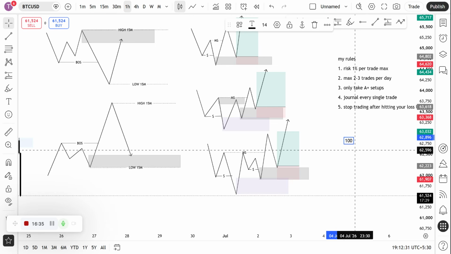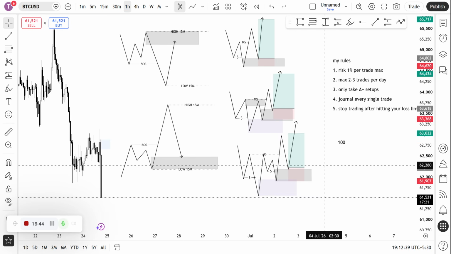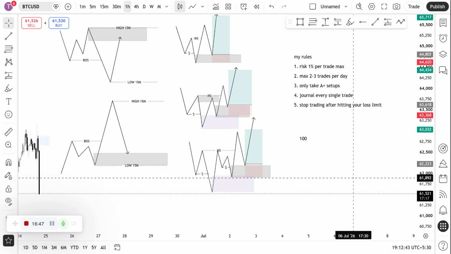The last one is to stop trading after hitting your loss limit. Let's say every day I have to place a trade and I risk maybe $100 or $50, right? I place my first trade, I lose it. I place my second trade, I lose it.